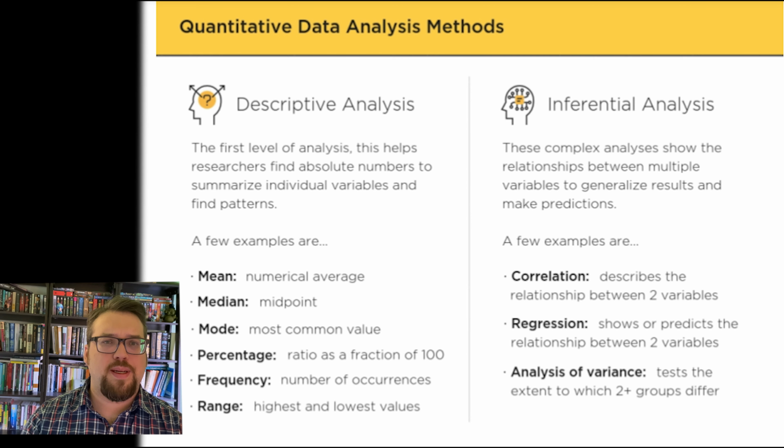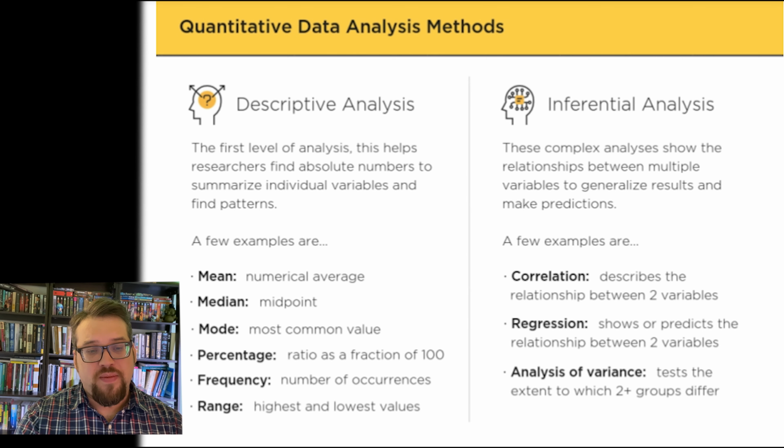So these are things like the mathematical terms you're probably used to from statistics, things like the mean, what's the average, the median, what was the midpoint of your respondents, the most common value, what percentage, what frequency did this answer occur, or this category, if you've coded your data, what frequency did that occur at? And then if you have it, what's the highest and lowest value you got?